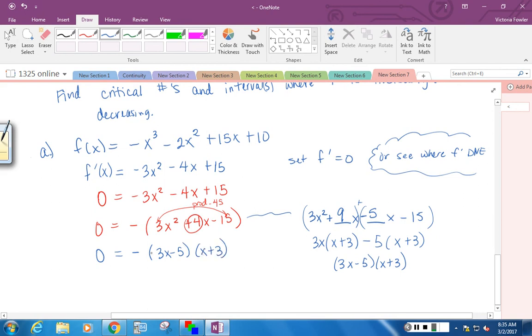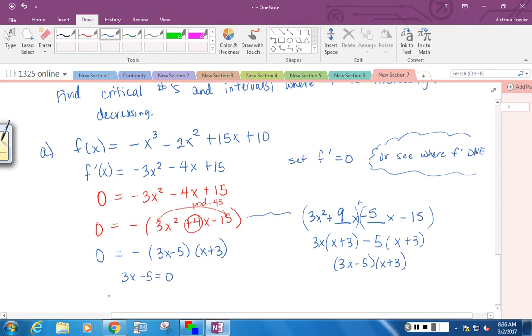And so we have the zero factor theorem. It says the only way that this will multiply to get a product of 0, like we're looking for, because remember that's where our critical numbers come from, where the first derivative is equal to 0 or where it doesn't exist. So we're only worried here, in this case with this polynomial, about where it's equal to 0.